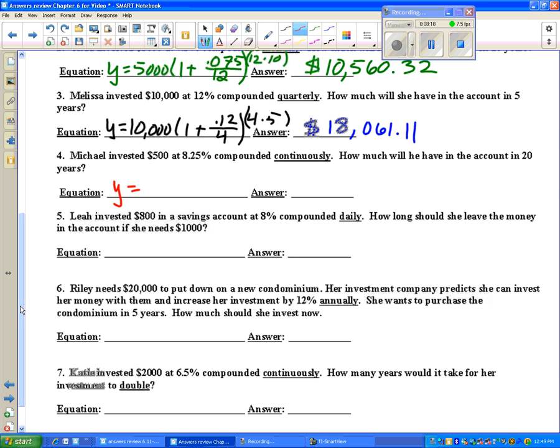So Y equals my original amount, $500, times e to the power of my rate, 0.0825, that's 8.25 as a decimal, times my number of years, 20 years. And all of that is in my exponent.